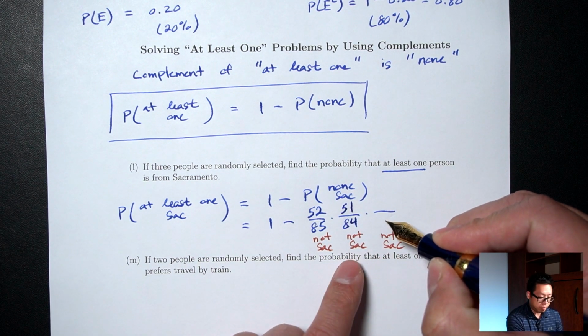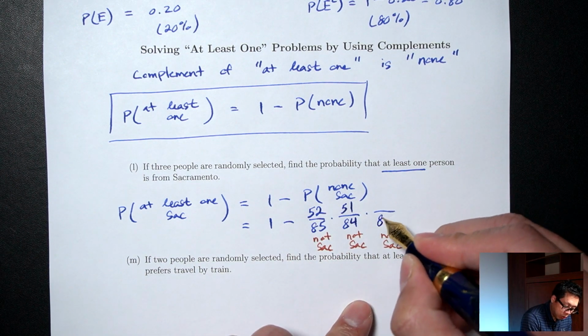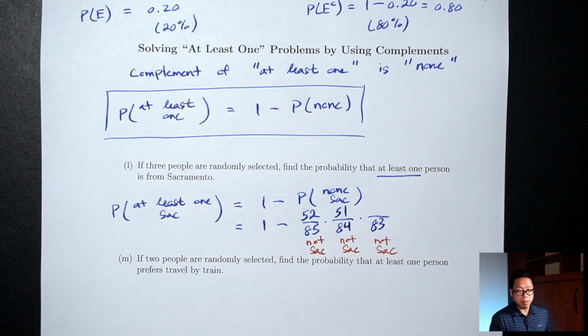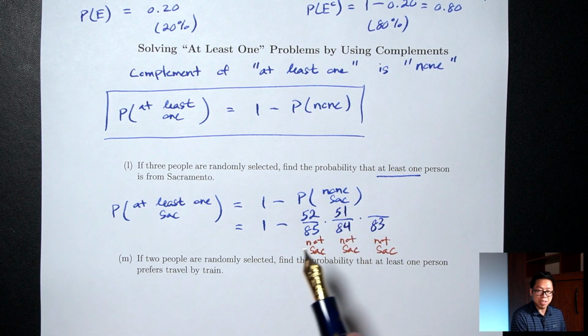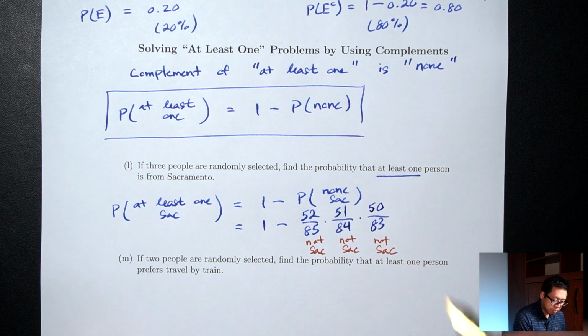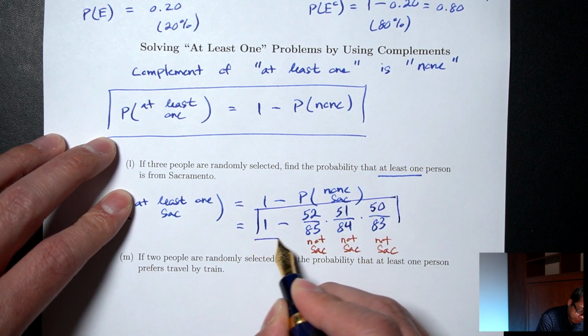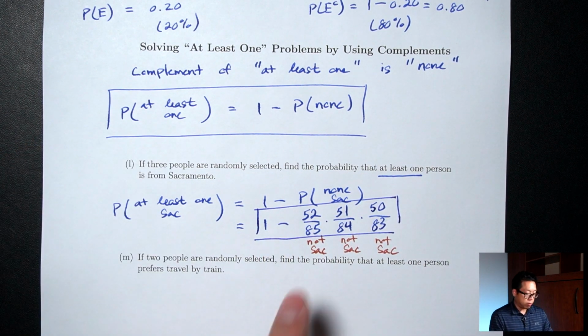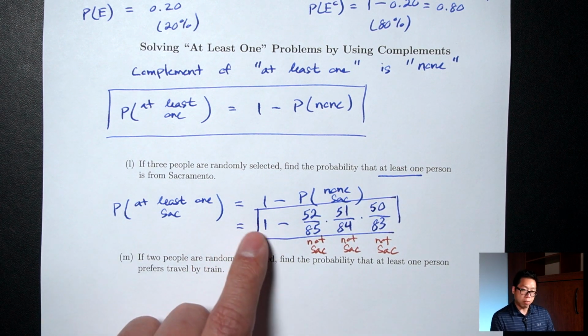At the bottom, because we already picked 2 people, we have to reduce by 1 again to 83. And then the same thing for the top. I also want to be not Sac, and because I already chose 2 not Sac, I have to reduce again to 50. Your final answer is going to be 1 minus 52 over 85 times 51 over 84 times 50 over 83. Don't forget the 1 minus.